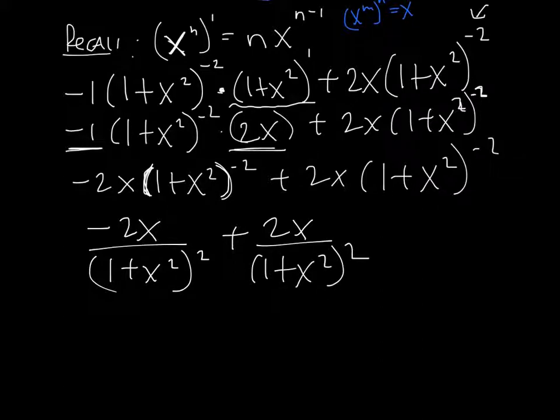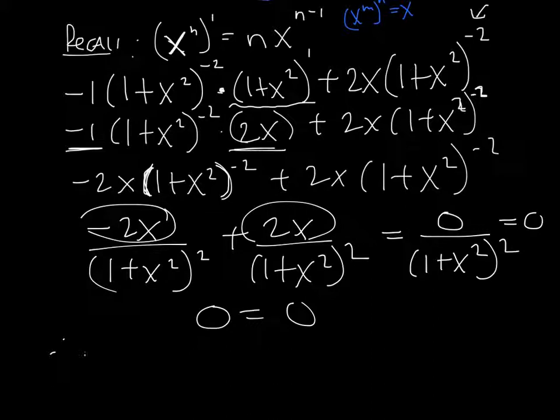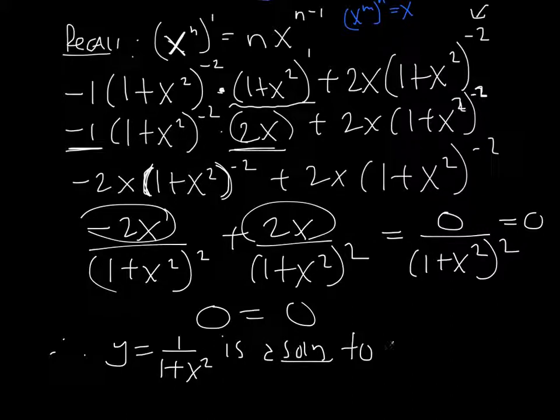Notice the denominators are the same, so I'm allowed to add these terms. Negative 2x plus 2x is 0 over this same denominator, but 0 divided by anything is 0, so 0 equals 0. Thus, our y, y equals 1 over 1 plus x squared, is a solution to y prime plus 2xy squared equals 0.